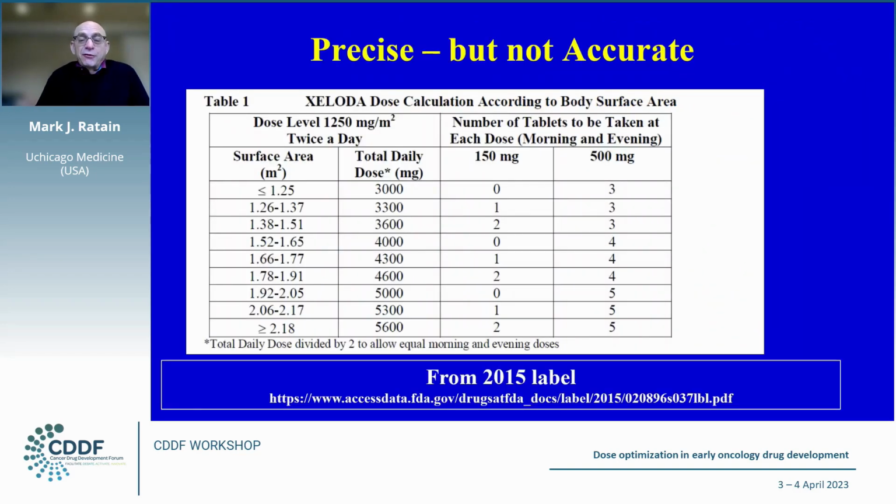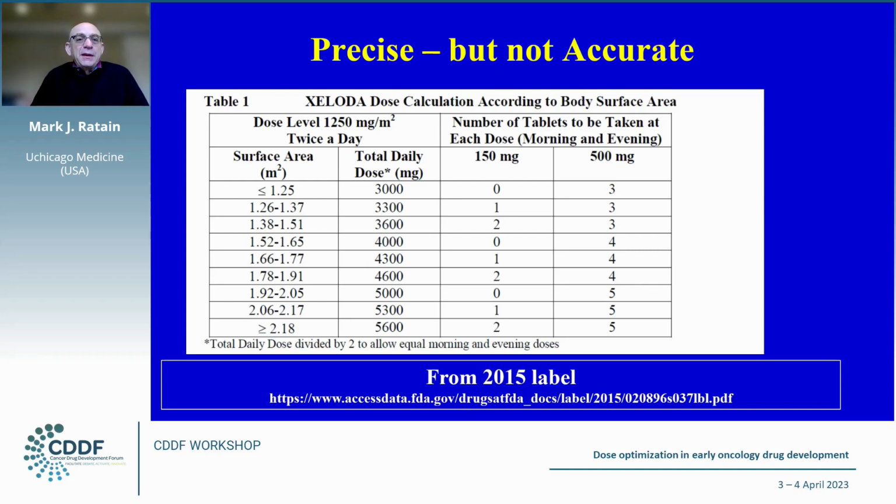You also see this, unfortunately, in our drug labeling. This is the 2015 version of the US FDA-approved labeling for Xeloda, which I will argue is precise but not accurate. This is a drug for which many phase 2 trials were conducted at a dose of 2,510 milligrams per meter squared per day.